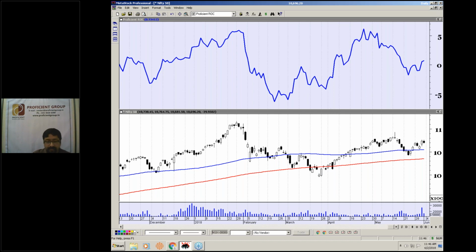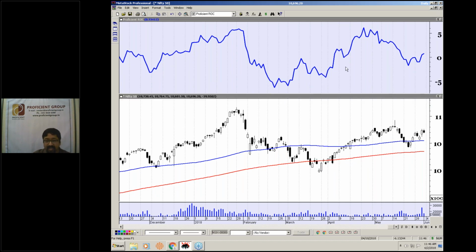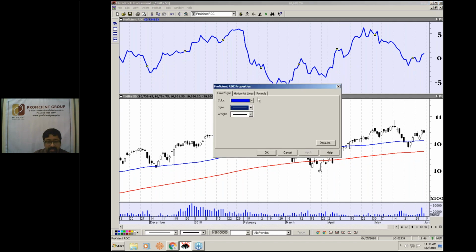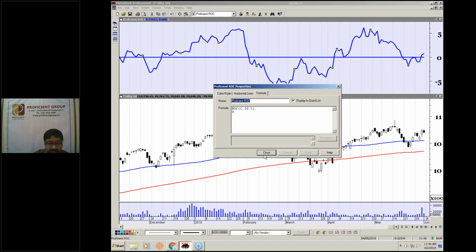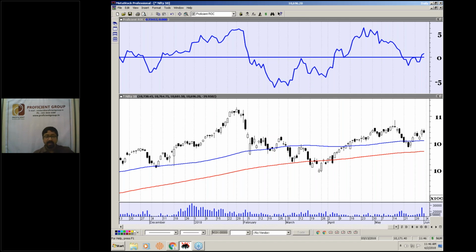And this does not say much unless we plot a zero line here. So let's plot a horizontal line, which is the zero line. And this zero line gives the value of no change.